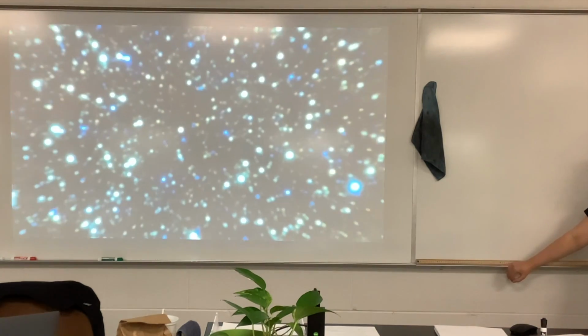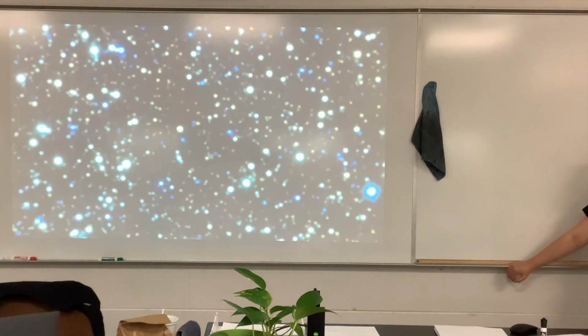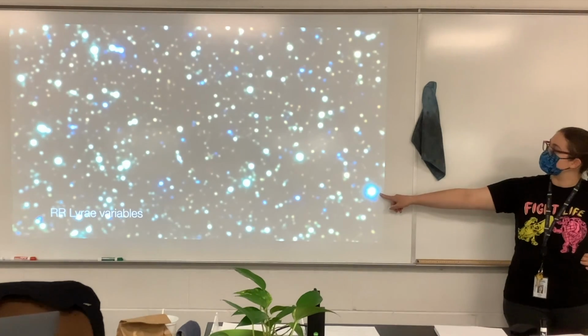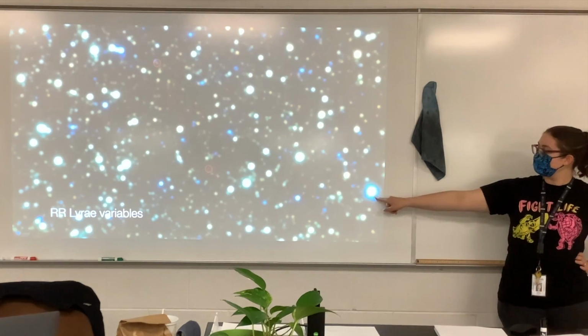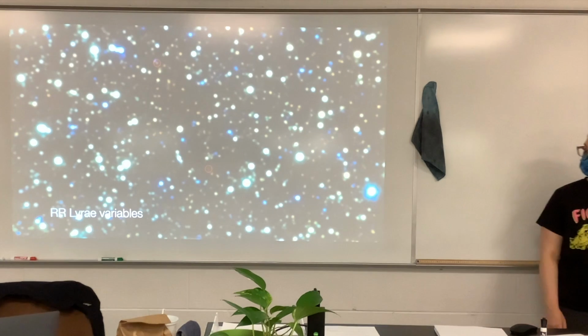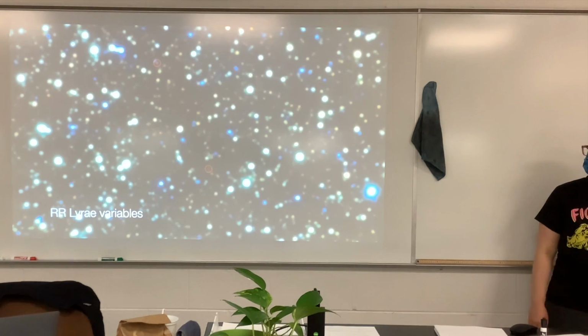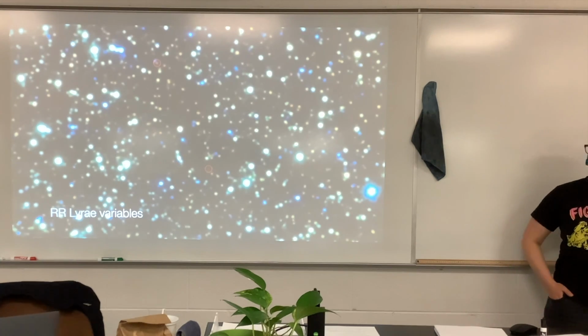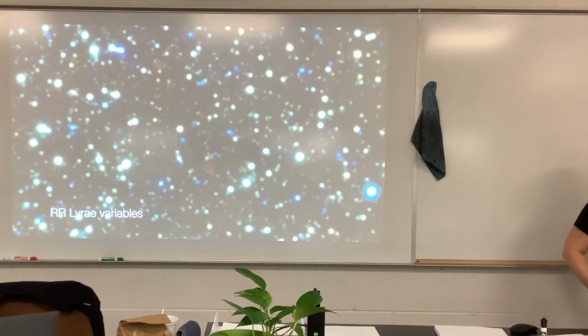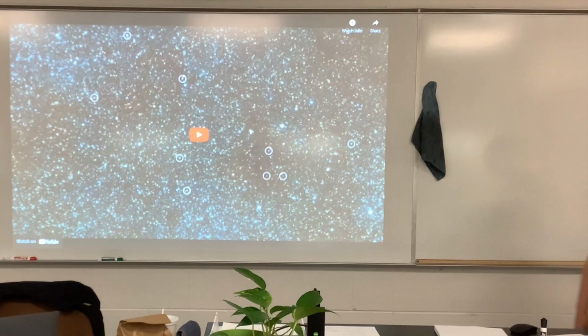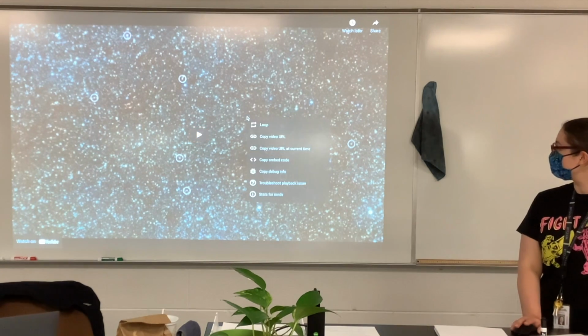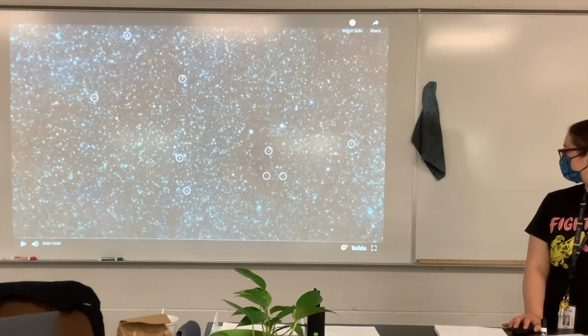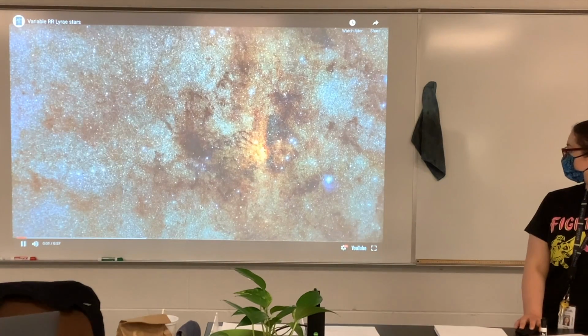So here they'll zoom in on some even fainter variable stars. And here you can see some of these bigger ones a lot better. See it dimming and brightening. But yeah, RR Lyrae variables are very dim and hard to see. That gives us an idea of what that's like.